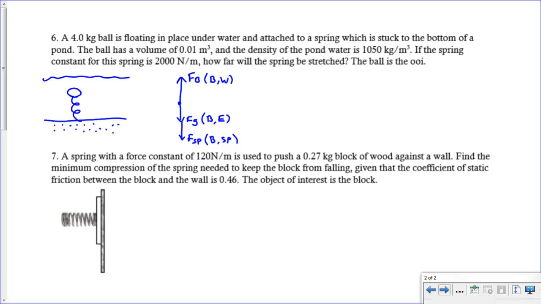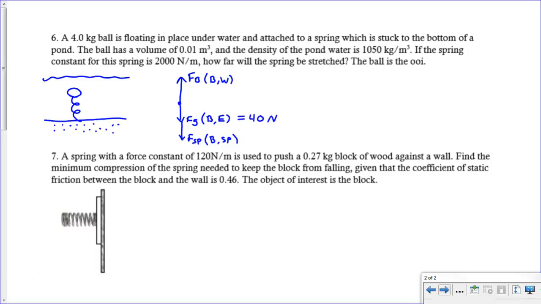Things we know here, it's a 4 kilogram ball, so that means the gravitational force is equal to 40 newtons. Spring, we don't know, and it's asking about the spring. It says how far will the spring be stretched. If it's asking you about something as the final answer, you're probably not going to figure out the spring right away. So we're going to work on this buoyant force next.